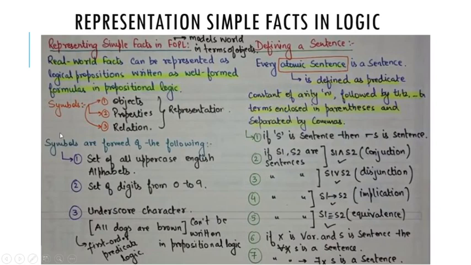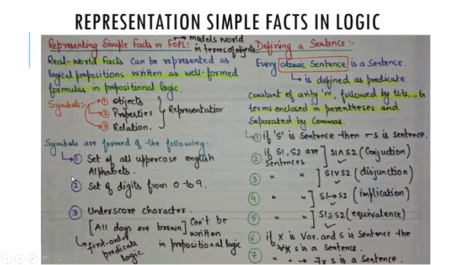So the symbols used here take the form of the following things, like the sentence we are using and how it represents, right? We have some facts that we need to know while using the symbols to form proper well-formed formulas, right? So first of all, the first point is the set of all uppercase English alphabets, because we can represent this as uppercase, the sentence or the word written in uppercase only, right?